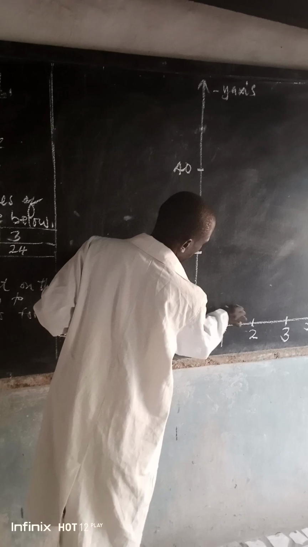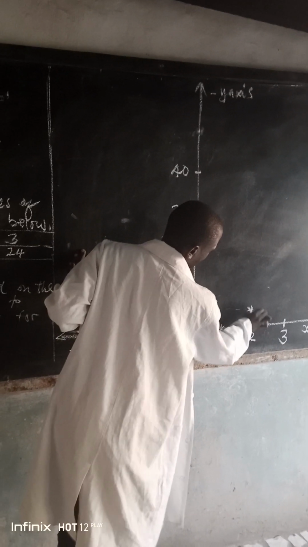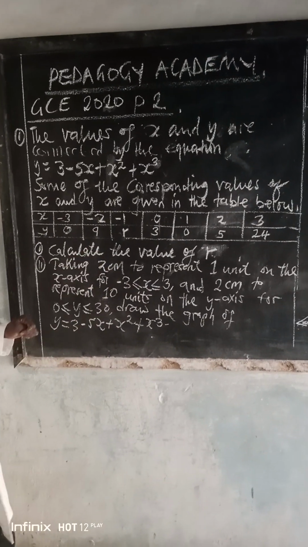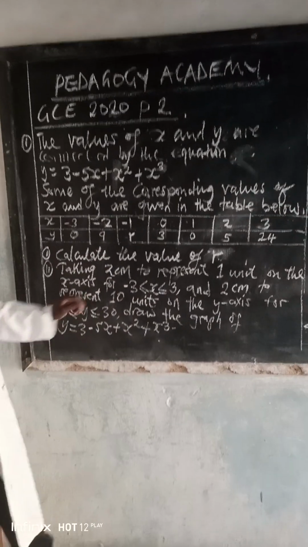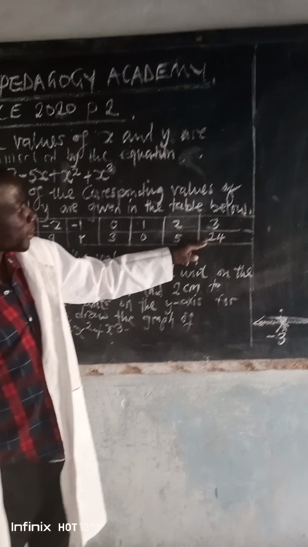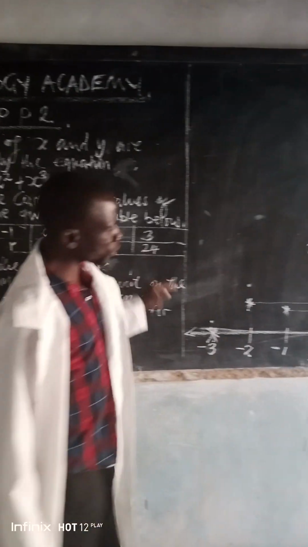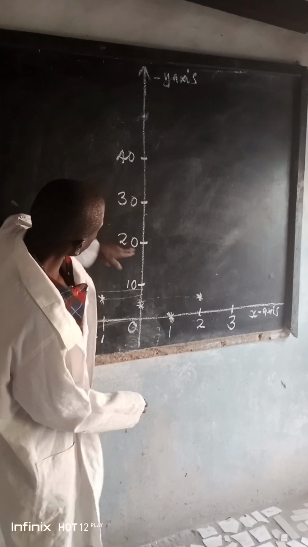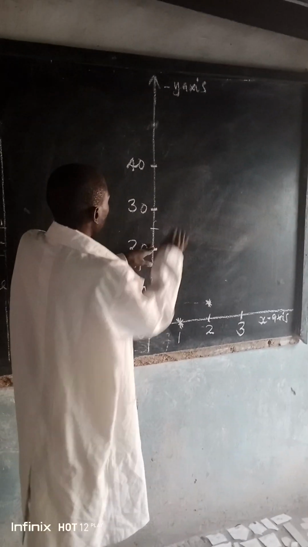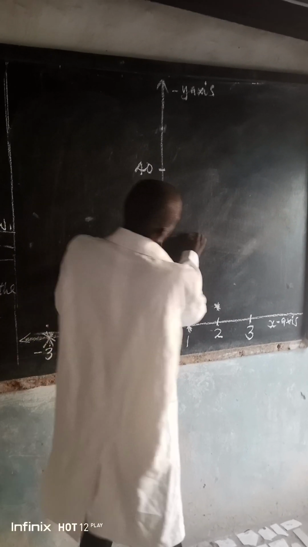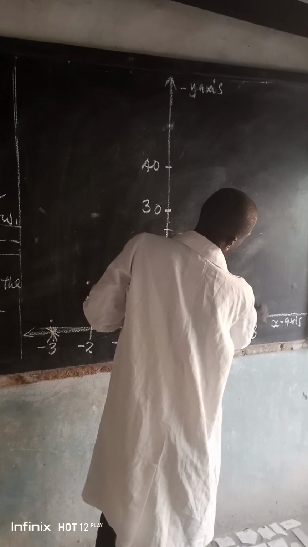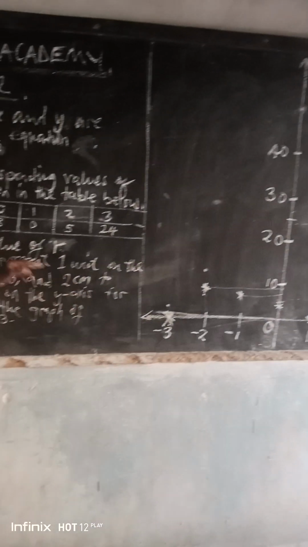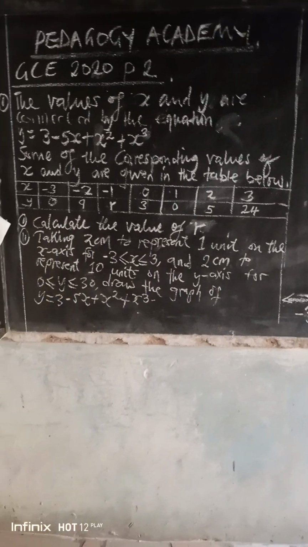We assume 5 to be somewhere there, here. I hope we are following the way we are plotting. And then we have 3 comma 24. After 20, 25 is in between, so down there, here. So these are the points that we have plotted.